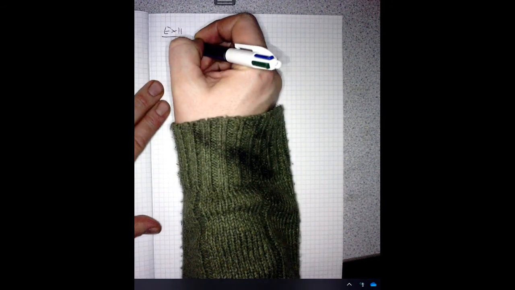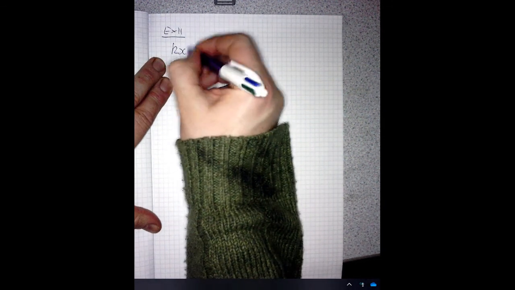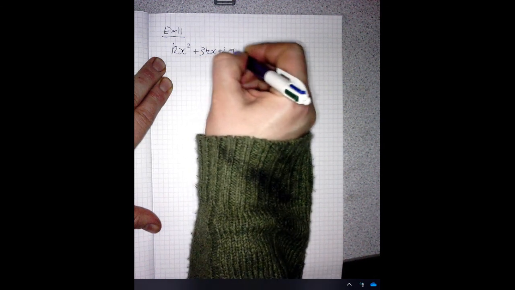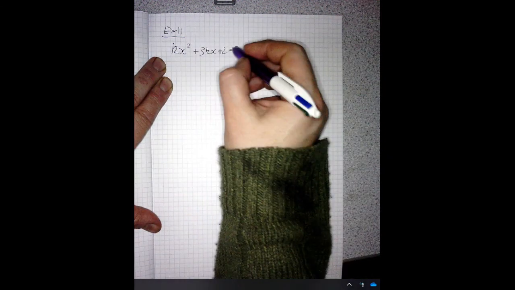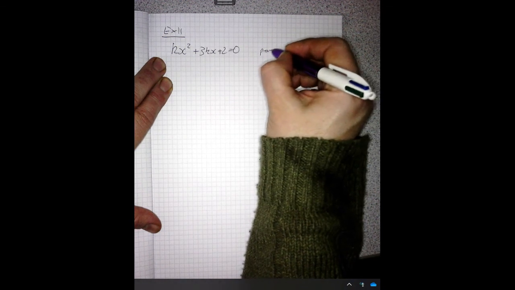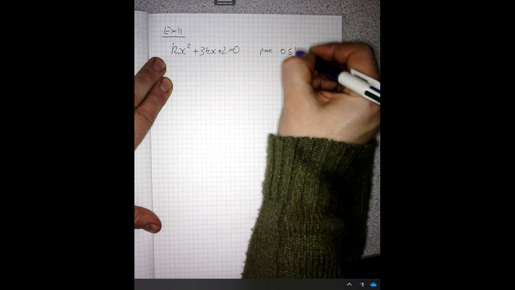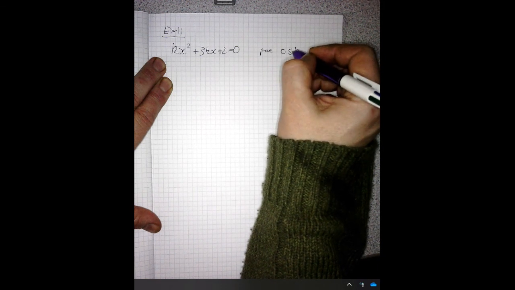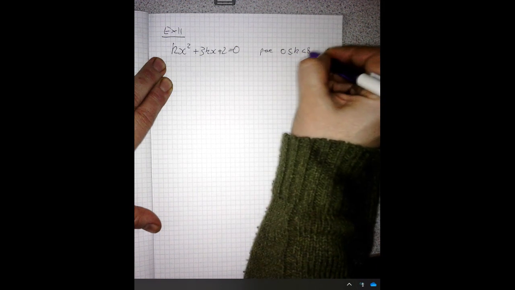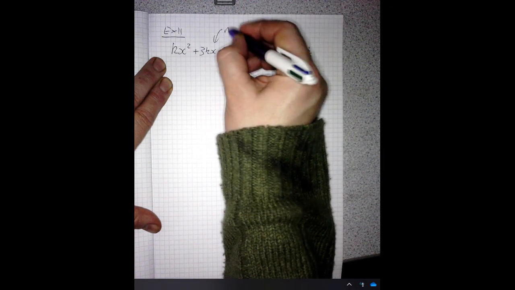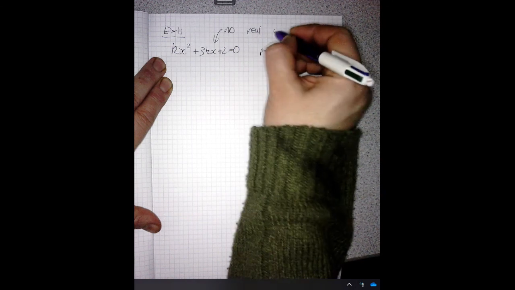Example 11. Now this is an interesting one. On the face of it, it looks like stuff that we've seen before. Let's just write it out. Given that, prove that k is greater than or equal to 0 and less than 8/9, and we're saying that this has no real roots.